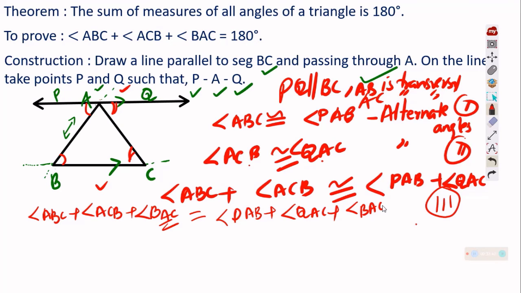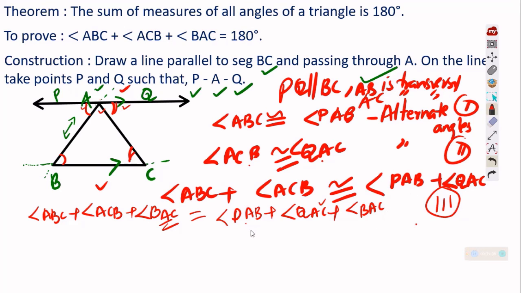What does it mean? PAB plus QAC plus BAC. Which are they? PAB, then QAC, this one. Then BAC, this one. It becomes a linear pair of angles. Correct?